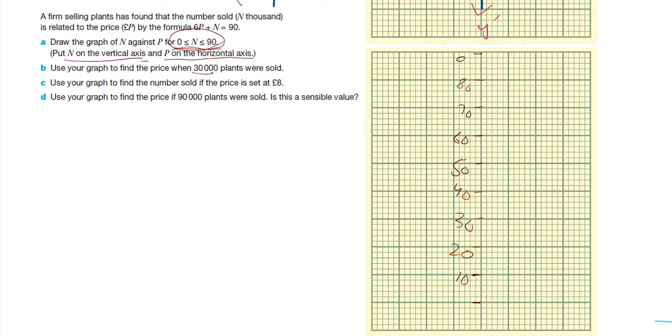Yeah, that's it. So here will be my x-axis. Start again.